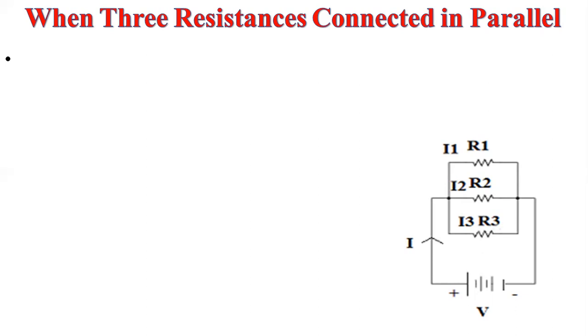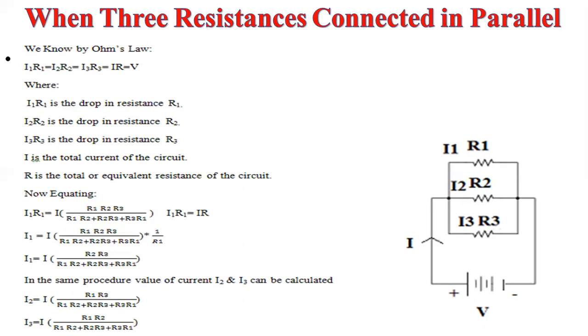So how to calculate the current across each resistance? The procedure is the same, but the formula for equivalent resistance is different if we have more than two resistances connected in parallel.